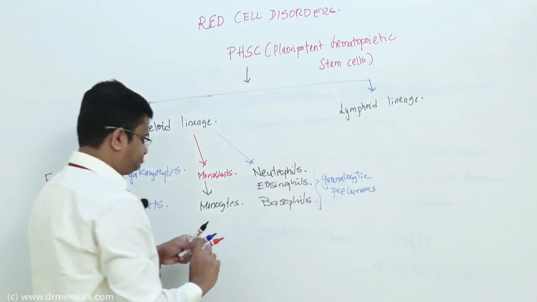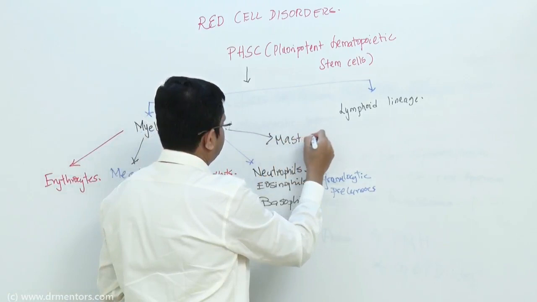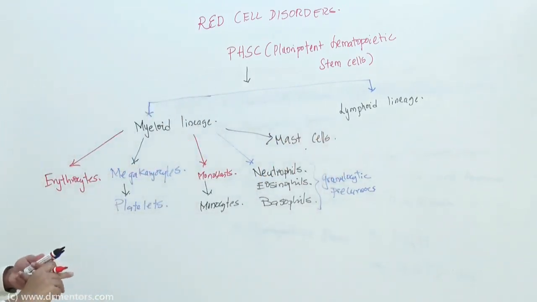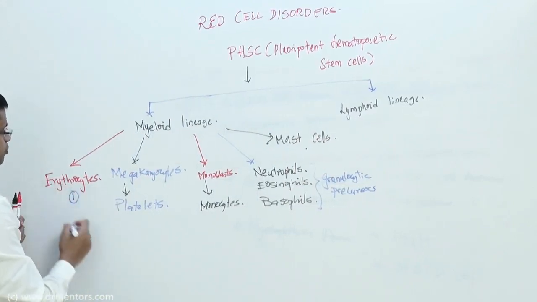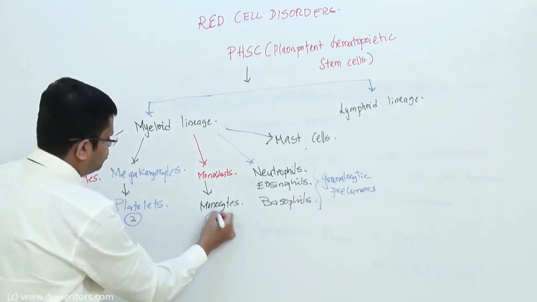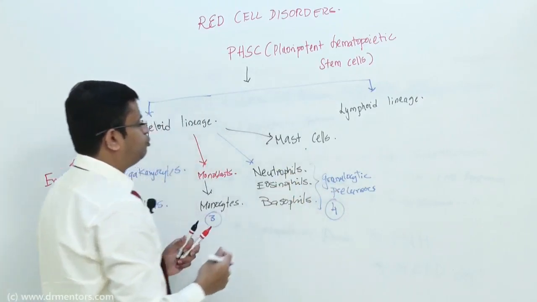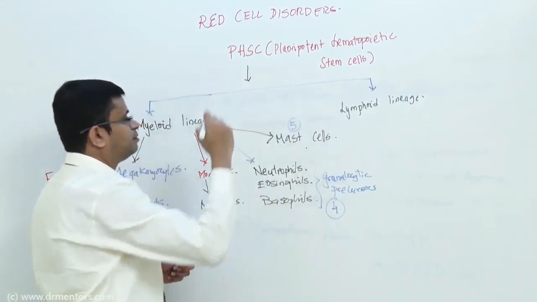Then the last one, it also gives rise to the mast cells. So for the myeloid lineage, it gives rise to number 1, erythrocytes, number 2, platelets, number 3, monocytes, number 4, granulocytes, namely the neutrophils, eosinophils, basophils, and number 5, mast cells.